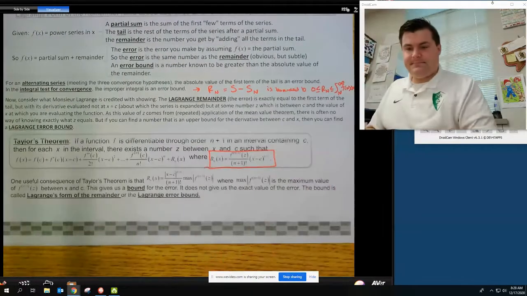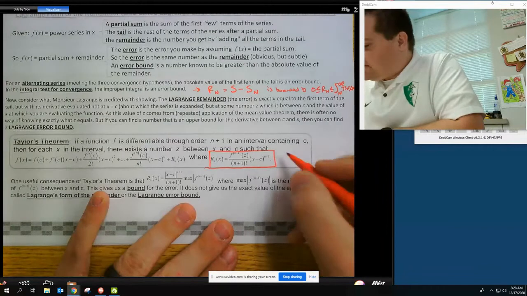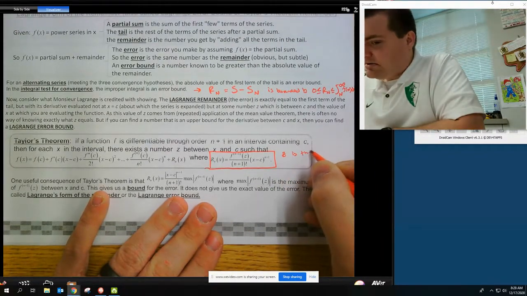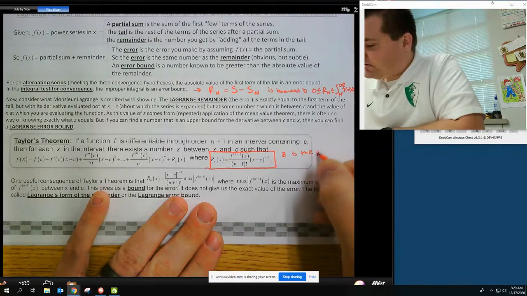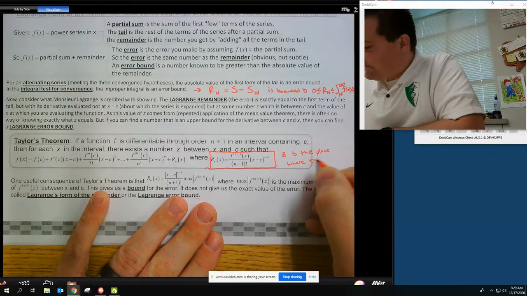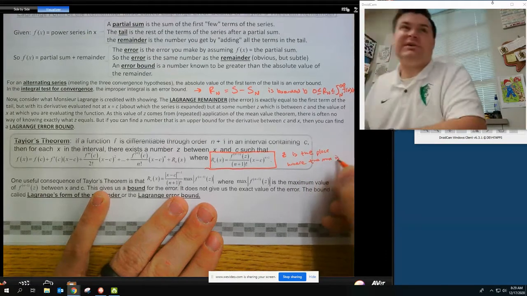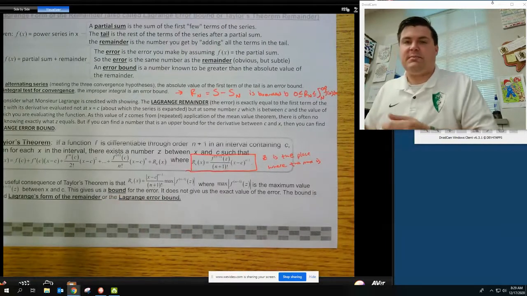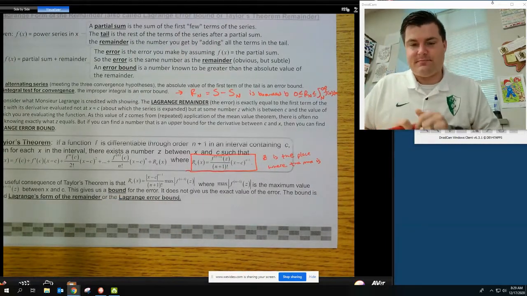And z is the place where the max is. That's what confuses a lot of people. So z is going to be where the maximum value is.